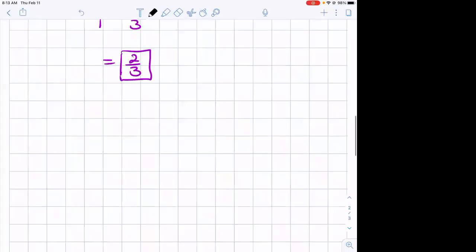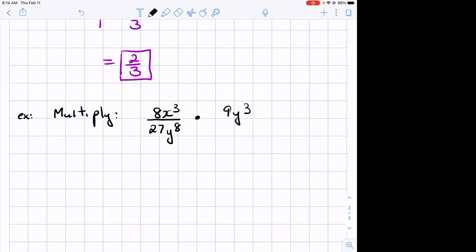So if I give you an example and I say to multiply, if we have 8x cubed divided by 27y to the 8th times 9y cubed over 12x squared.